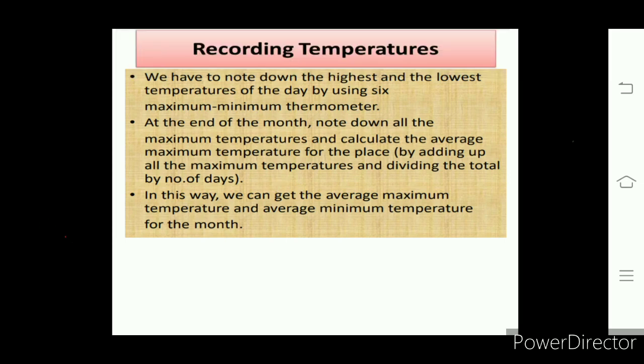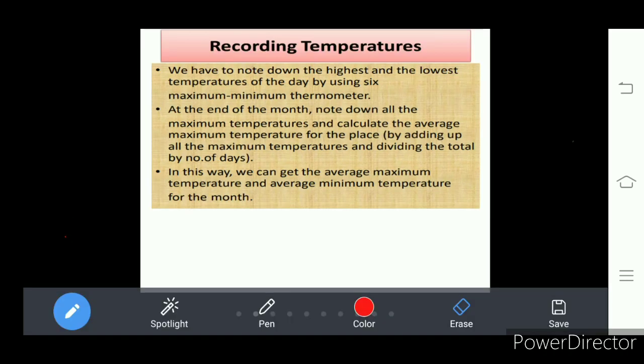We have to note down the highest and lowest temperatures of the day using a thermometer. Six maximum temperatures and six minimum temperatures we have to take in a day.